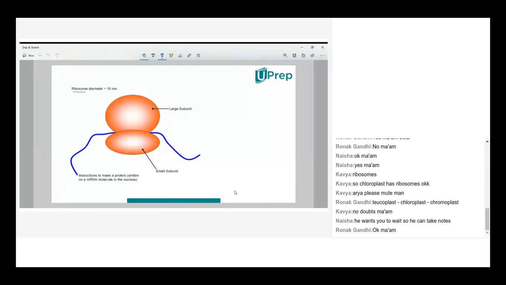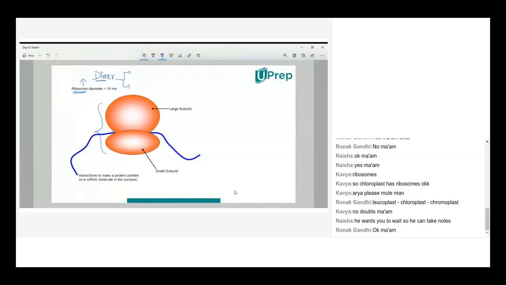Now, this is what the ribosome structure looks like. When we talk about ribosomes, we talk about ribosomes in the form of a dimer, two subunits. A ribosome always exists in this shape.